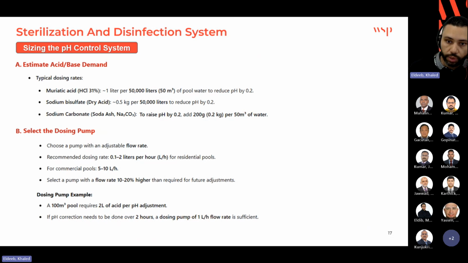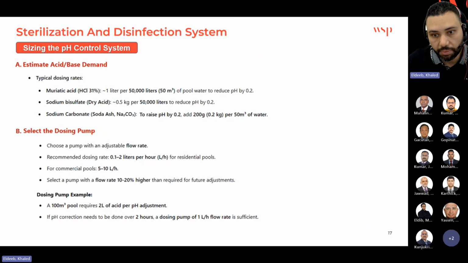So if you want to reduce the pH by 0.2 on the scale that I just showed you, we use 1 liter for every 50 cubic meter of water in the pool. The same for the sodium bisulfate, this is solid actually, so we measure it by kilogram. We consider 0.5 kg for such an amount of water, and so on. So based on the recommendation here, we can size the chemical needs to achieve the pH adjustment.